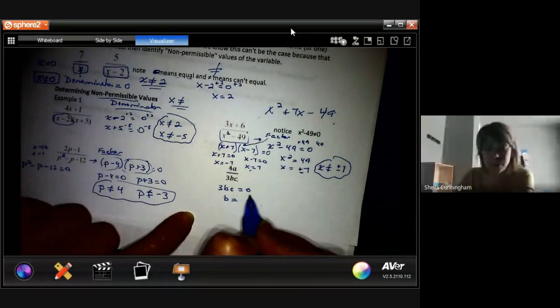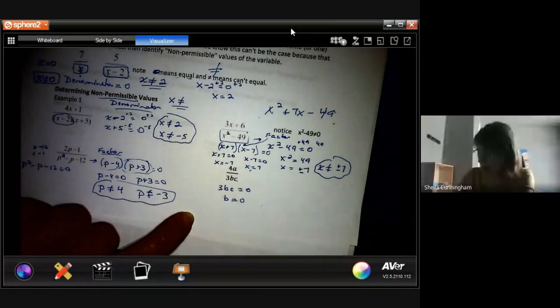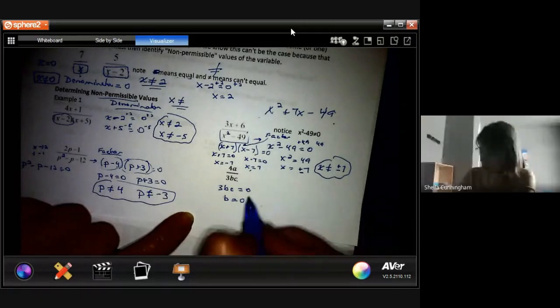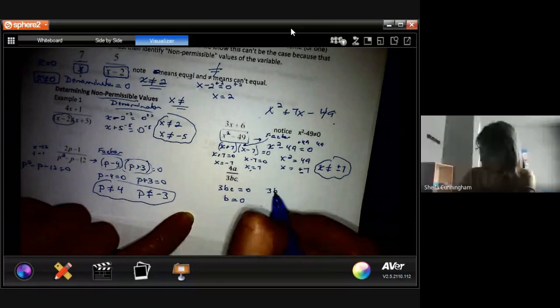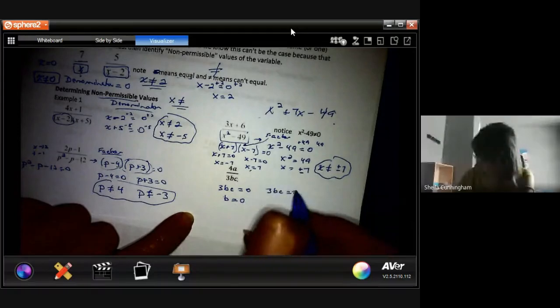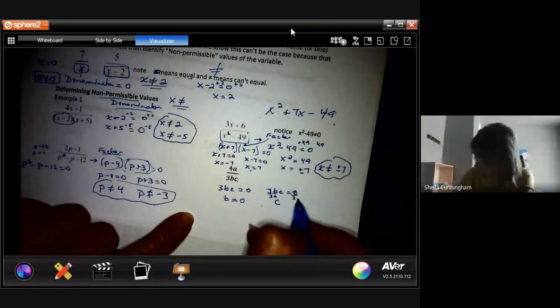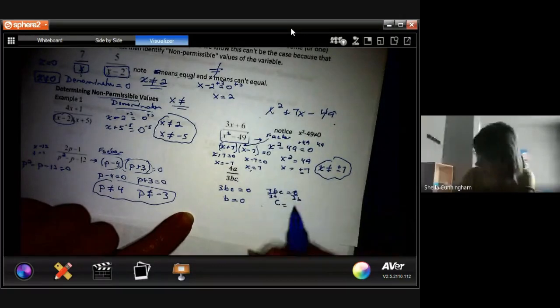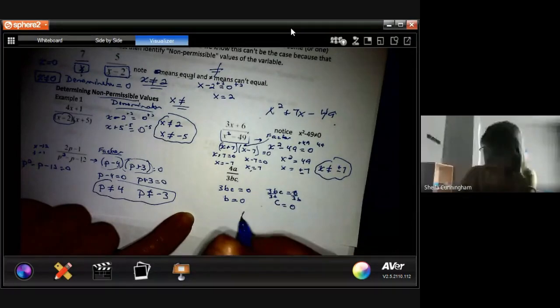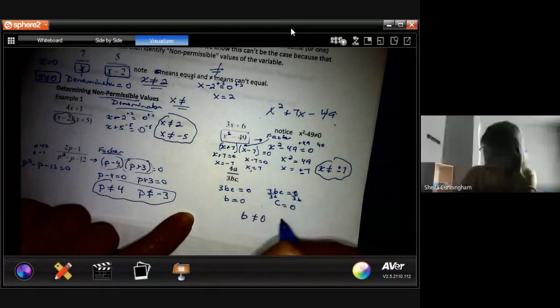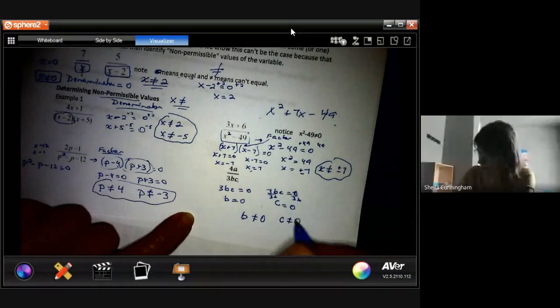Well, 0 divided by anything is still going to leave me with 0. So if I do the same thing and want to take that 3bc and solve for c, same thing. If I divide both sides by 3b, I end up getting 0 divided by 3b, which gives me 0. So my non-permissibles are b can't equal 0, c can't equal 0.